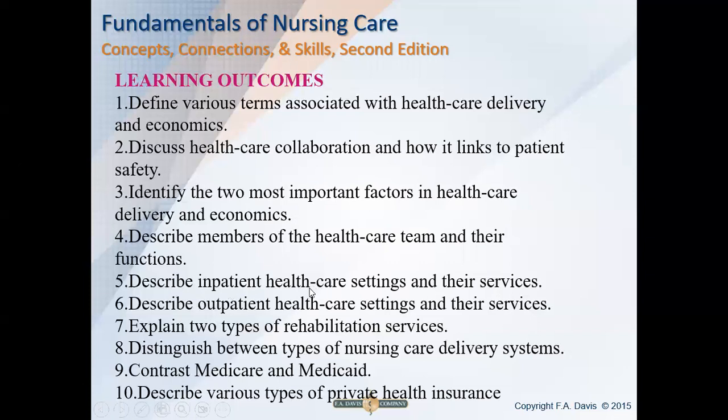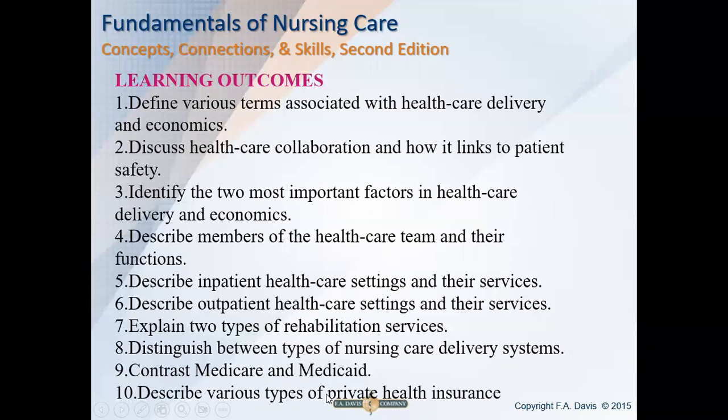Describe inpatient healthcare settings and their services. Describe outpatient healthcare settings and their services. Explain two types of rehabilitation services and also distinguish between types of nursing care delivery systems and compare Medicare and Medicaid.